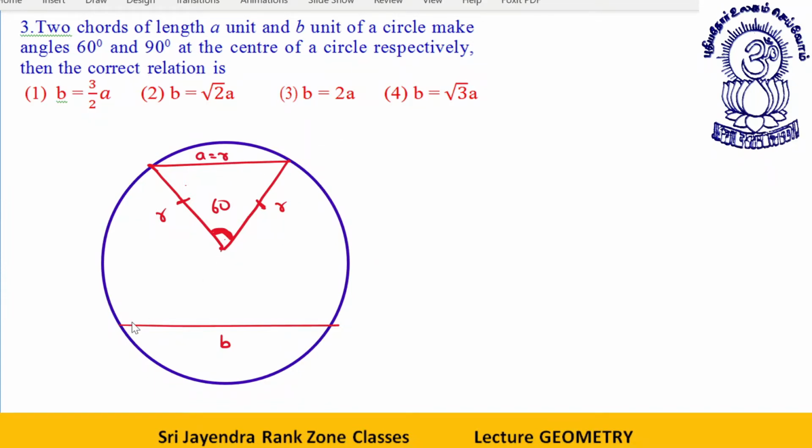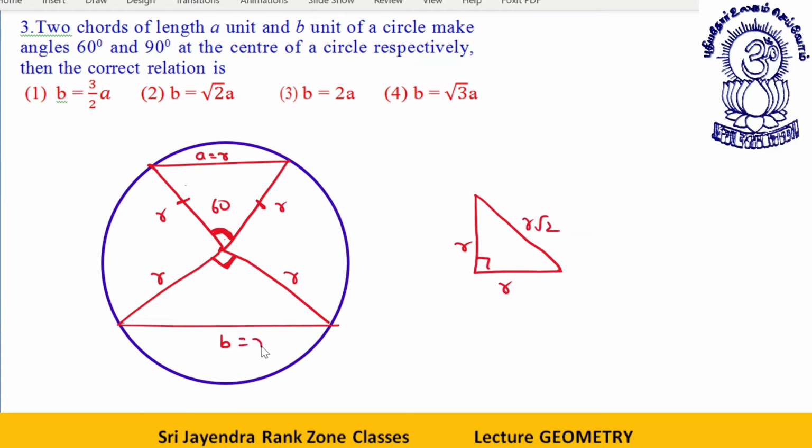Now, B subtends an angle of 90 degrees. When this angle is 90 degrees, this is R, this is R. We just discussed it a few minutes ago. This angle is 90 degrees, so this will become R root 2. So B becomes R root 2.